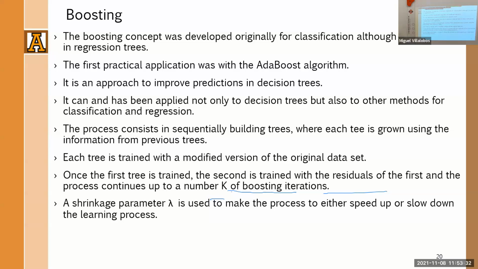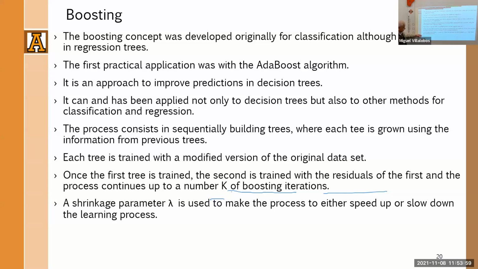The observations that were misclassified by the initial tree get higher weight, and I recompute the tree, giving more weight to the observations that were misclassified by the first tree. I do it a third time, a fourth time, and so on. So I can do as many boosting iterations as possible. Each tree is trained with a modified version of the original set.